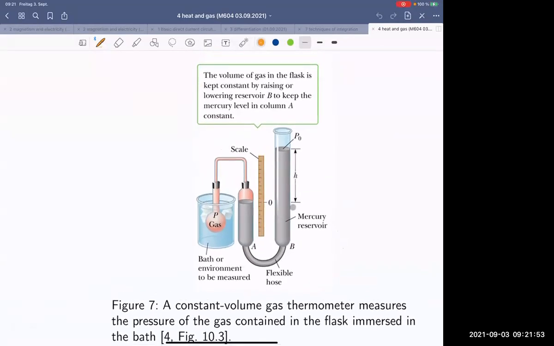Yeah, you can see the volume of the gas in the flask is kept constant by raising up or lowering reservoir B, to keep the mercury level in the column A constant.